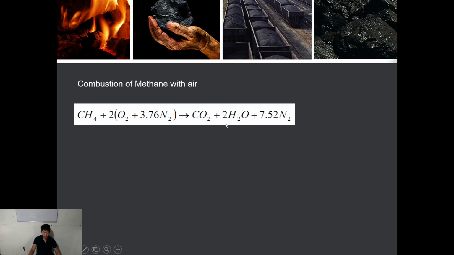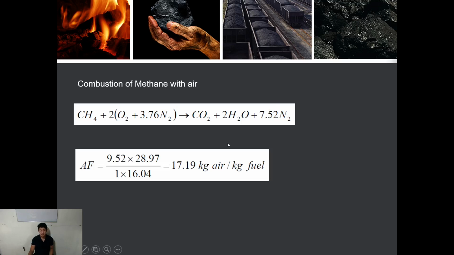And then you balance the oxygen, 4. Here it is only 2 initially, so 2 plus 2 is 4, so you multiply by 2 here. So since you have 2 moles of oxygen, you also have 2 times 3.76 N2, which is 7.52.